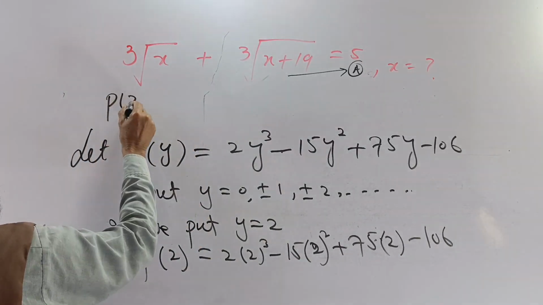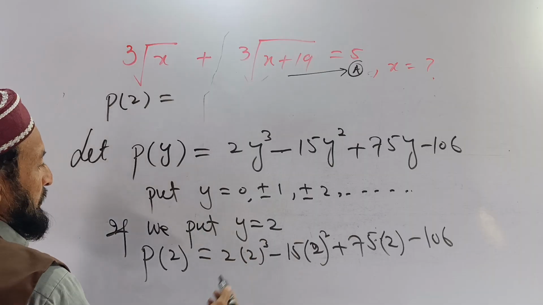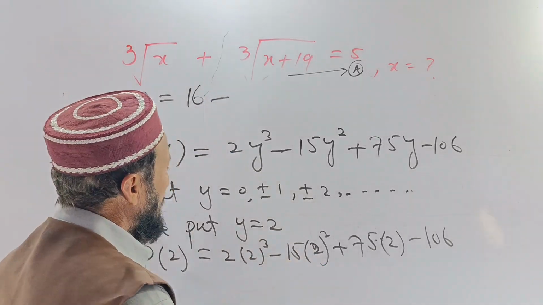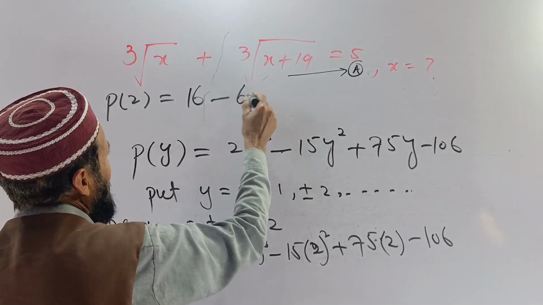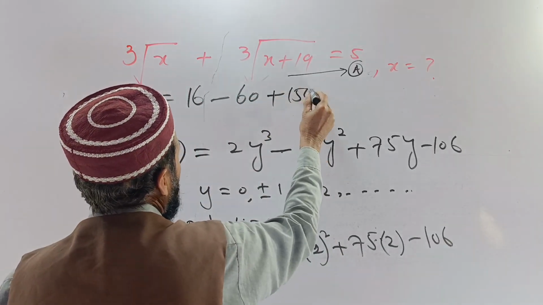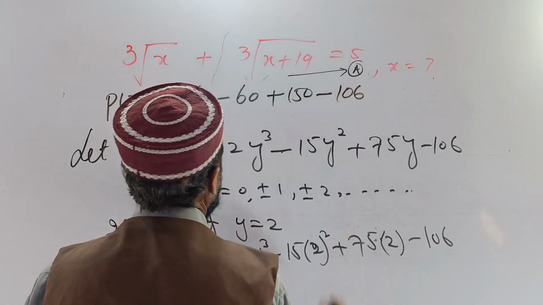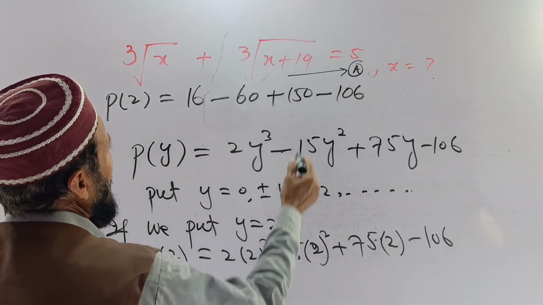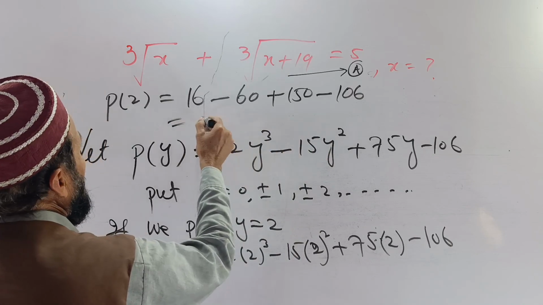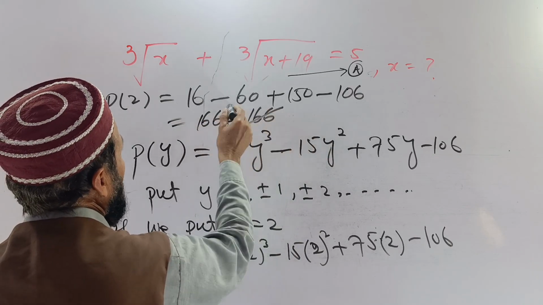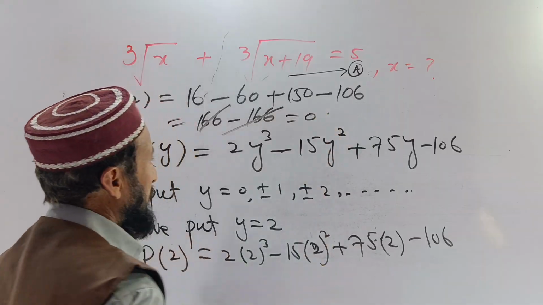So f of 2 is equal to 8 multiplied by 2, which is 16, and 4 multiplied by minus 15, which is minus 60, and similarly 150 minus 106. If we check this result, we get 166 minus 166, both cancel, and it is equal to 0.